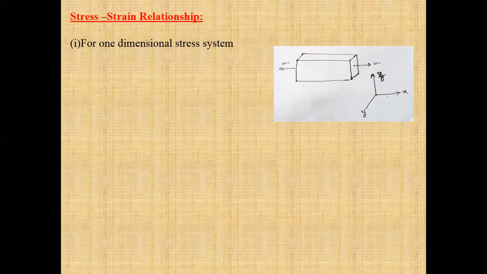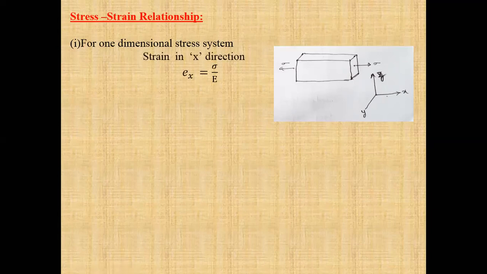The axial load here is a tensile load, from the figure. But there are three directions. X is the length direction, Y is the breadth, and obviously the other is the height direction. So obviously length increases.